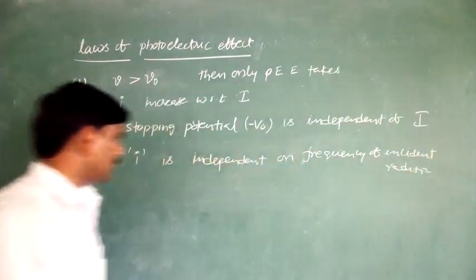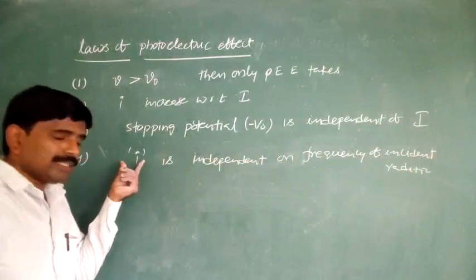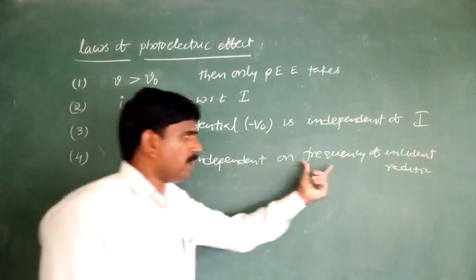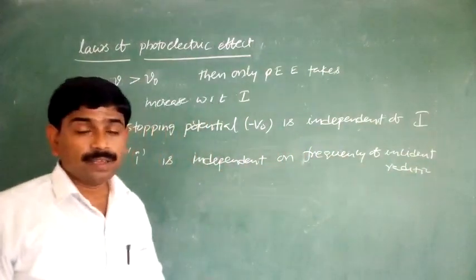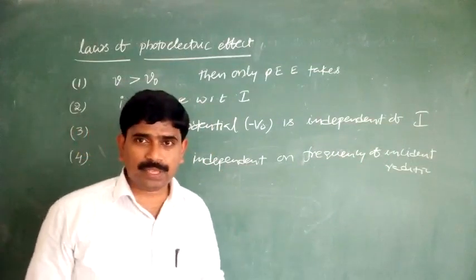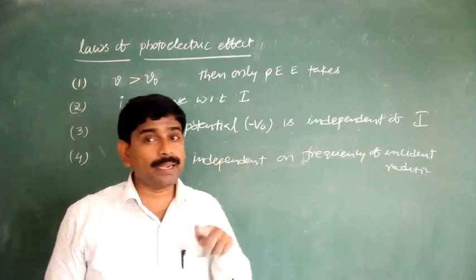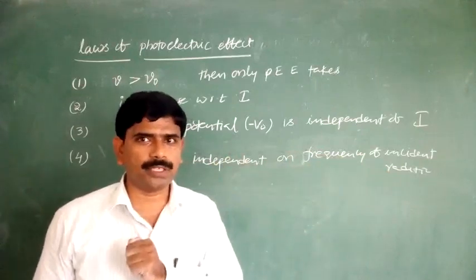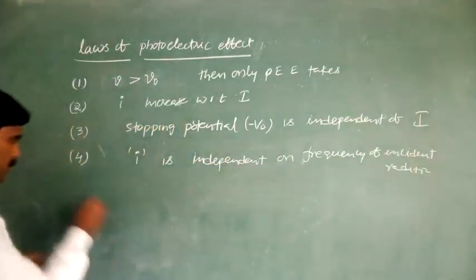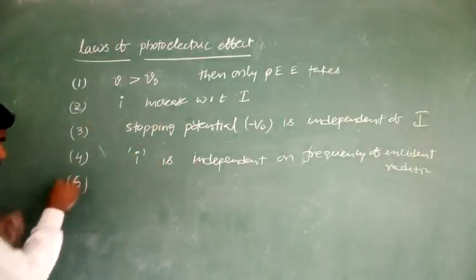Observe this one: the photoelectric current, the saturated current, is independent of the frequency of incident radiation. For different frequencies of the radiation, we are getting the same saturation current but different stopping potentials.